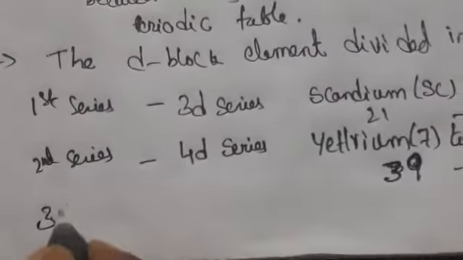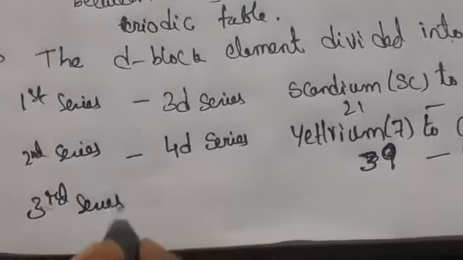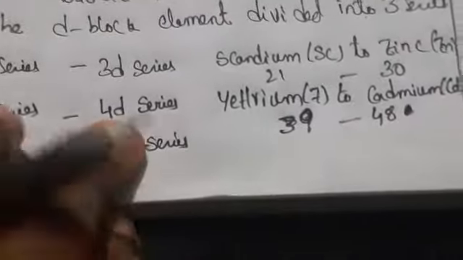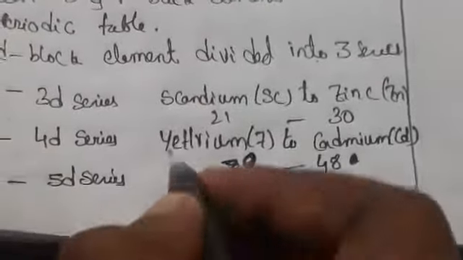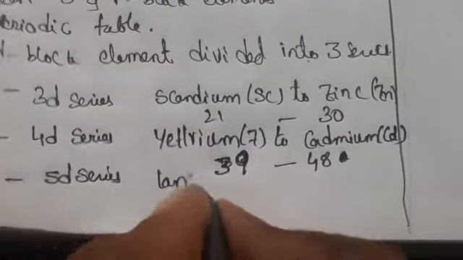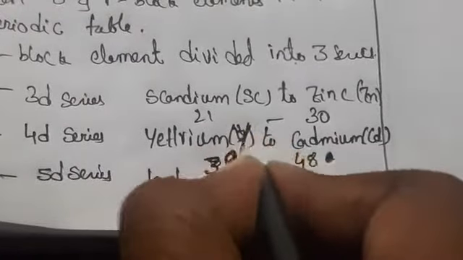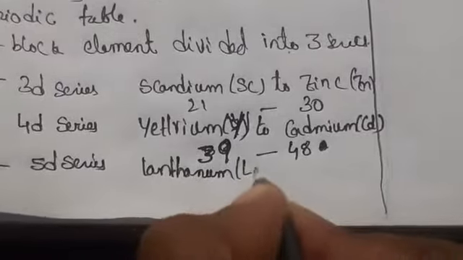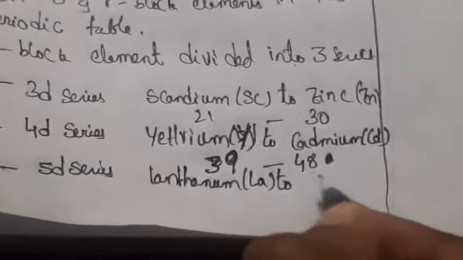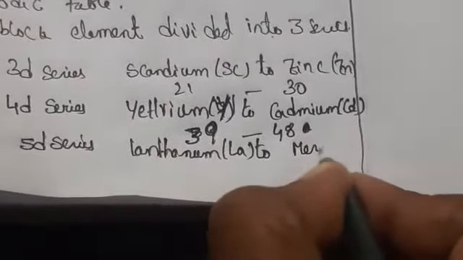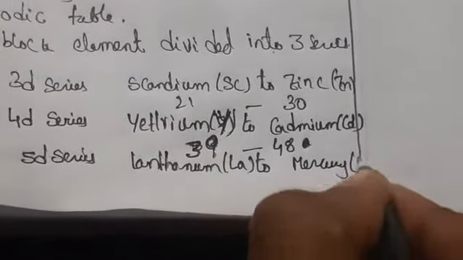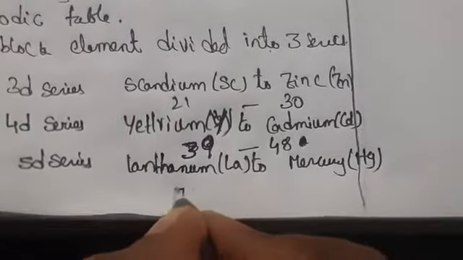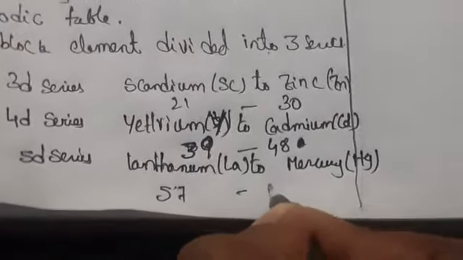The next, third series, we call the 5d series. In this 5d series we have lanthanum, La, to mercury, Hg, atomic numbers 57 to 80.